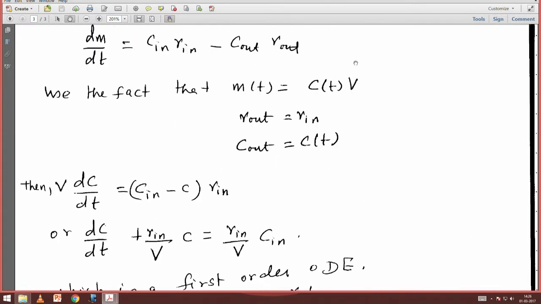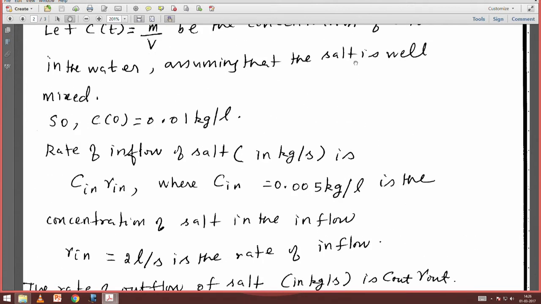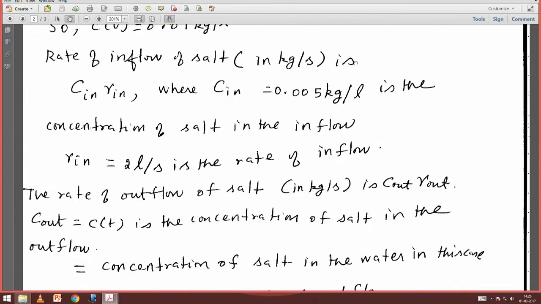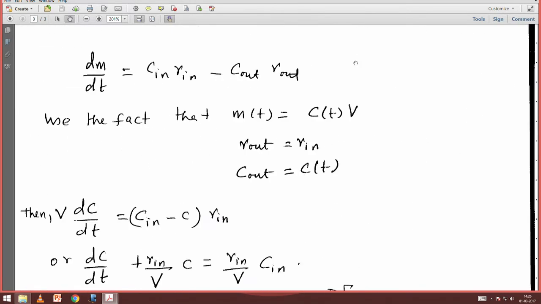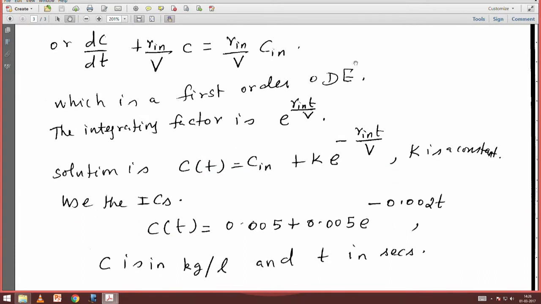We have already seen that C of 0 is 0.01 kilograms per liter, and we have a first order differential equation for C of t, which is dC by dt plus R in by V into C equal to R in by V into C in. So, we have an initial value problem.